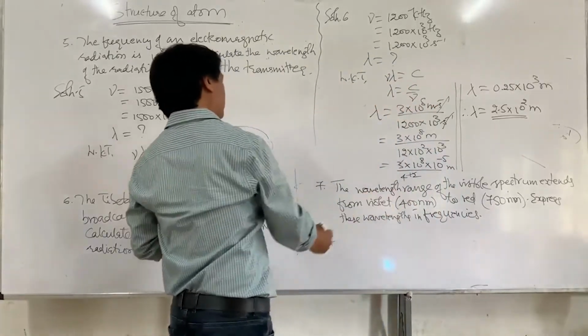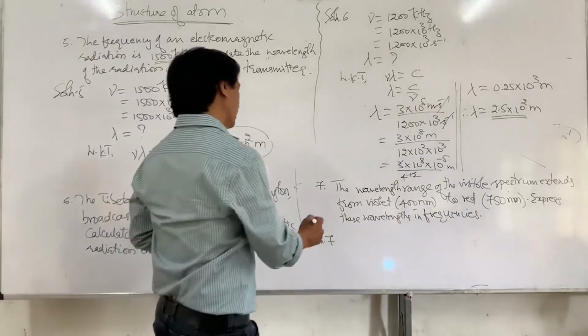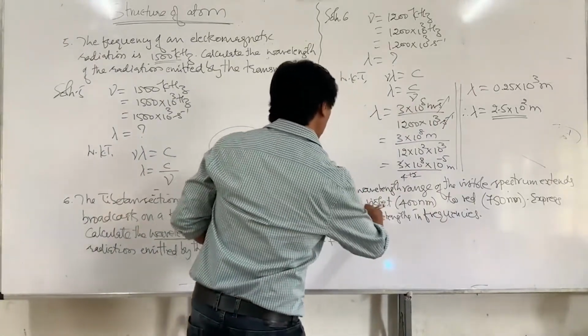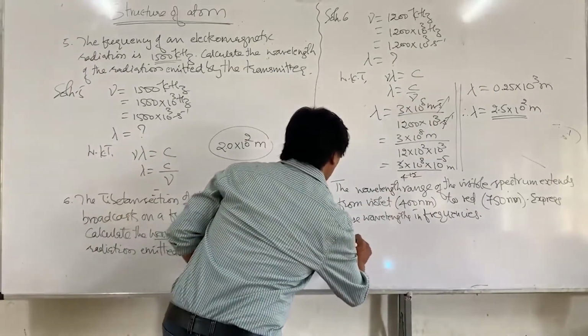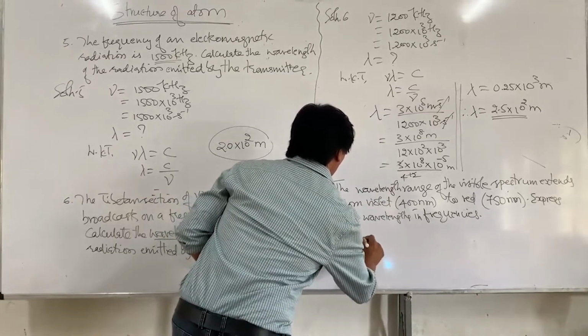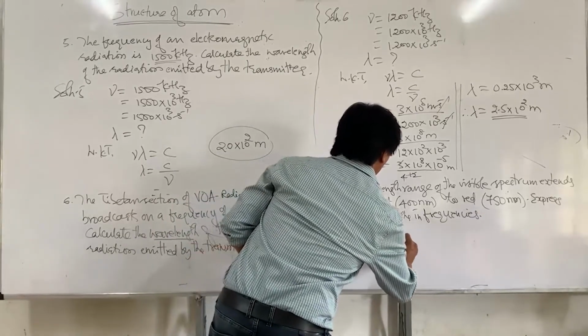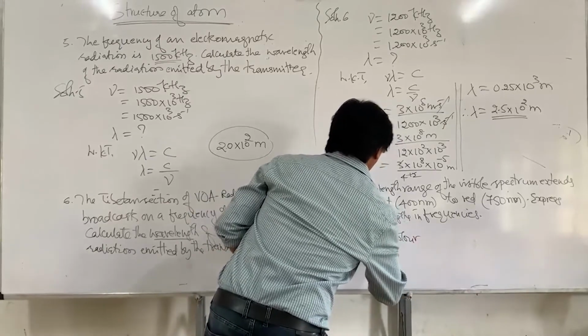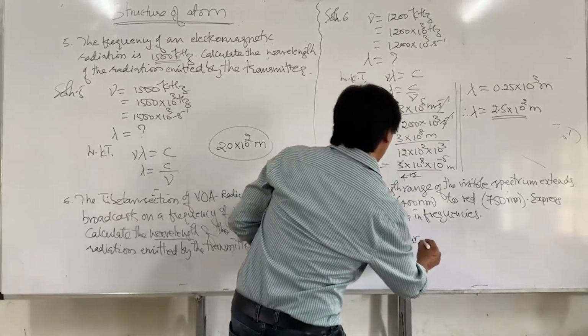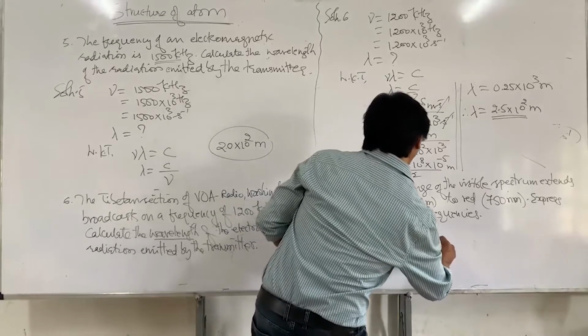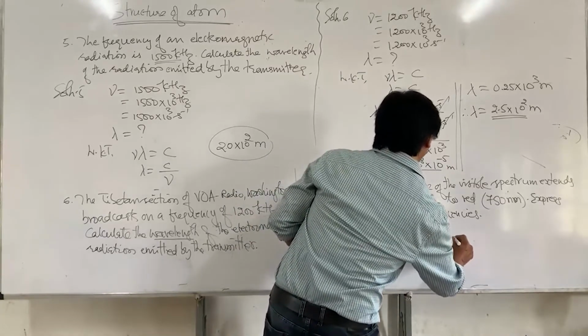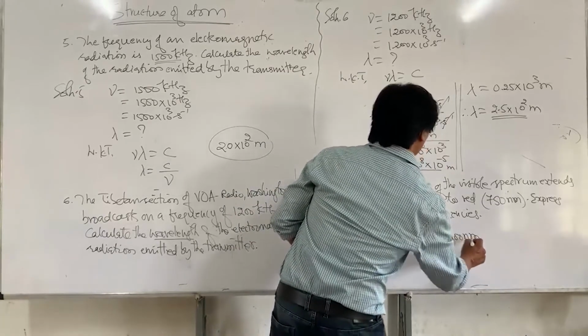Now you need to express these wavelengths in frequencies. So let's see. First, for violet color light, you are given the wavelength, lambda, to be 400 nanometers.